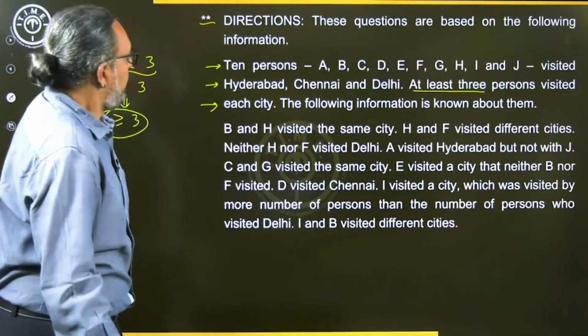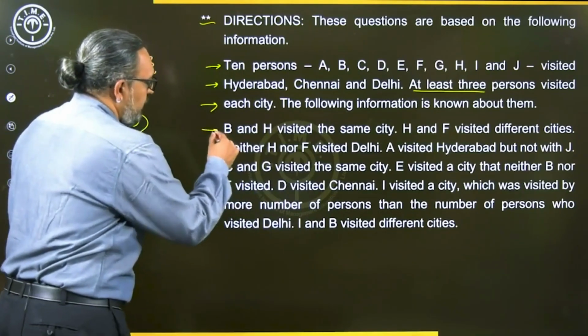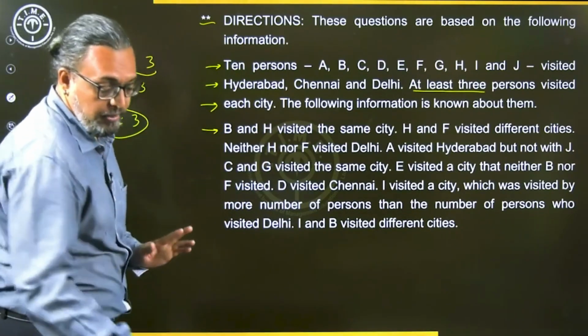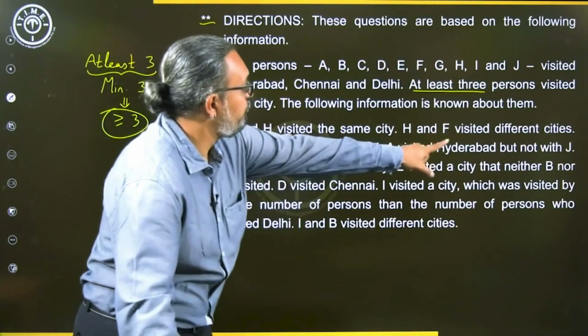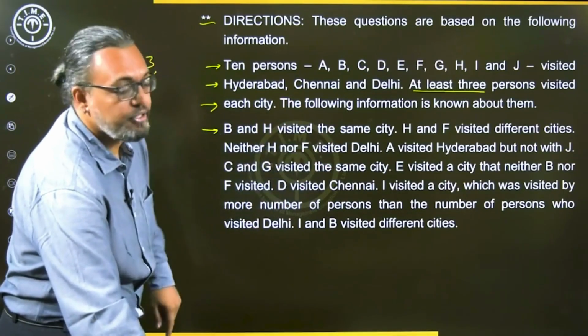Okay. Right. Now he says the following information is known about them. B and H visited the same city. And then H and F visited different cities. Okay. B and H same city, H and F different cities.